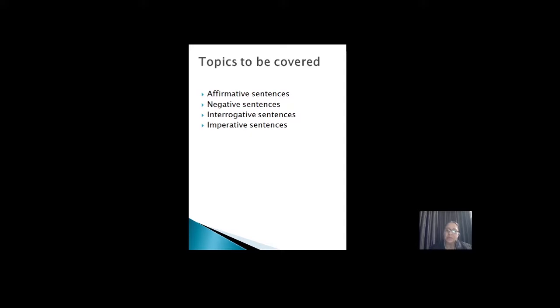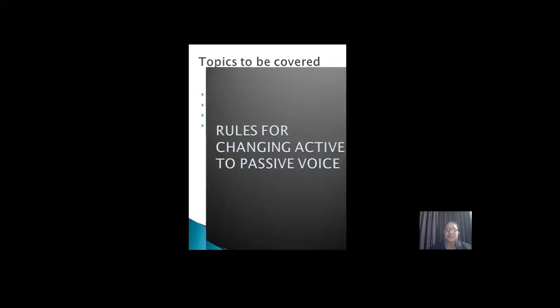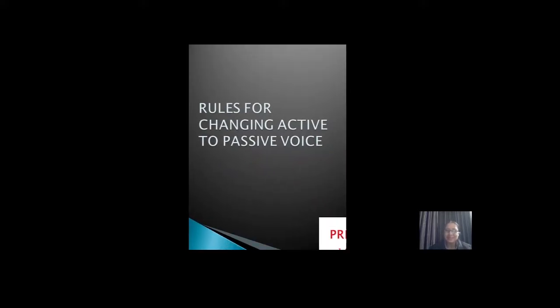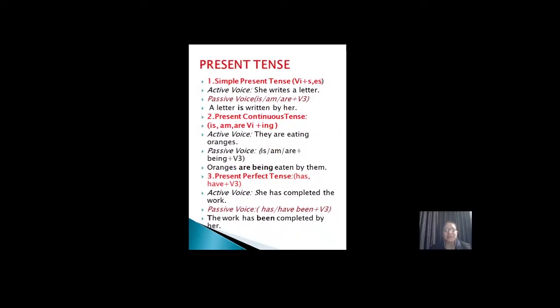The topics which we will cover in this class are affirmative sentences, negative sentences, interrogative sentences, imperative sentences. So let's start. First we have present tense, affirmative present tense.